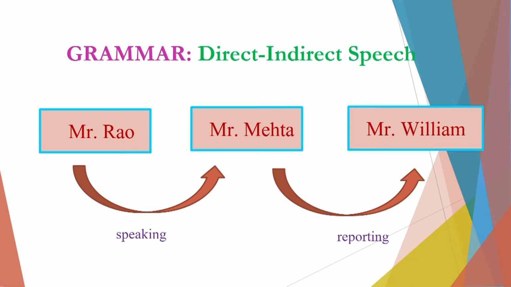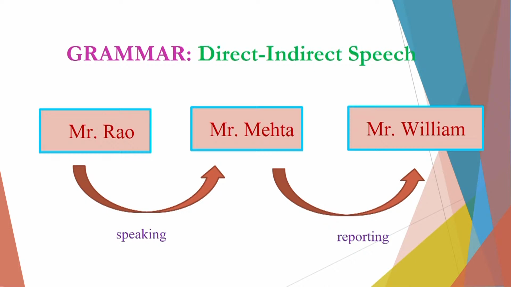Moving on, we have direct indirect speech. Let's imagine there are three persons, Mr. Rao, Mr. Mehta and Mr. William. Mr. Rao, as you can see on the slide, is saying something to Mr. Mehta, right?